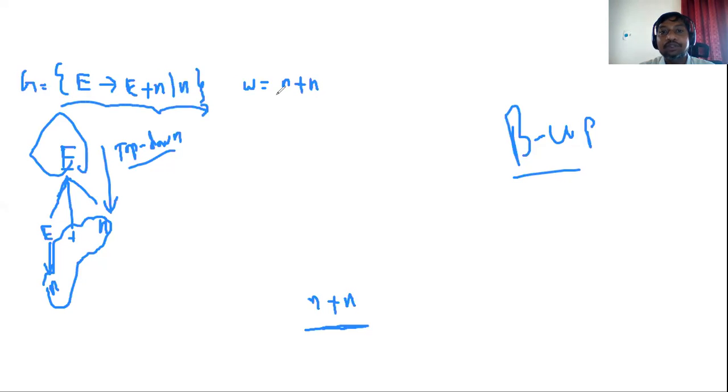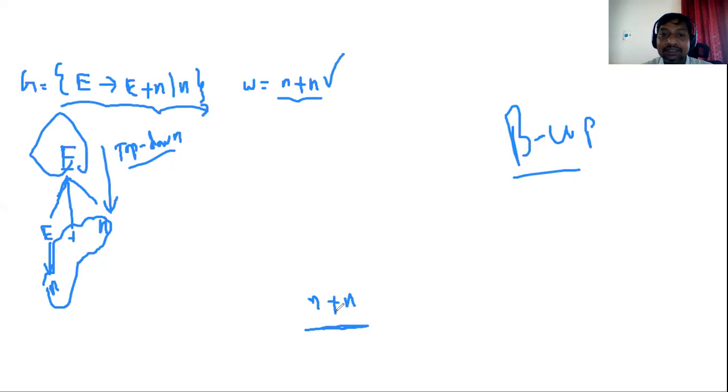Let me take the input string n plus n. We'll be starting with n plus n. Now, the very important step in bottom-up parsing is you need to identify the portion of the string that exactly matches one of the right-hand sides of the production rules.